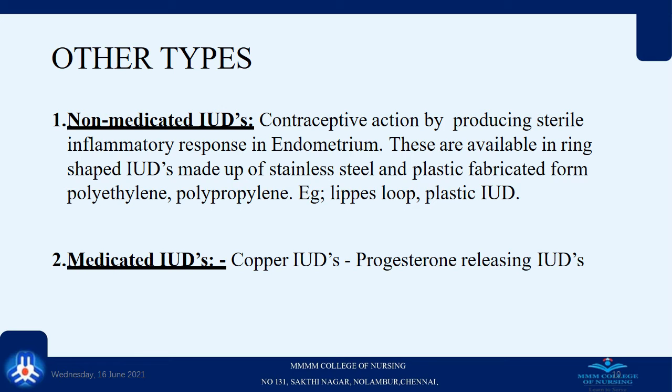The examples of non-medicated are Lippes loop and plastic IUD. Here this is not a medicated one. It provides the inflammatory response in the endometrium, whereby it prevents the pregnancy. So that is about the non-medicated.